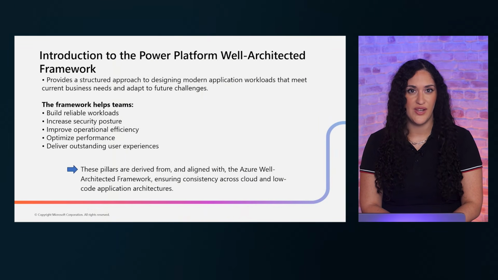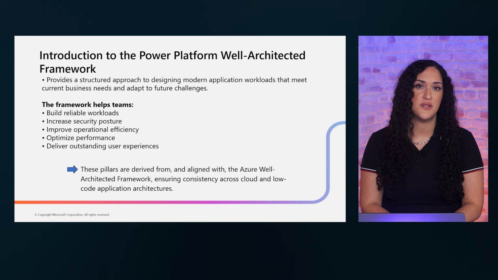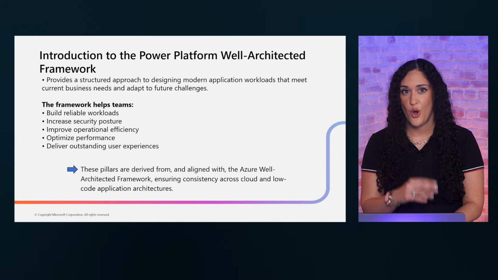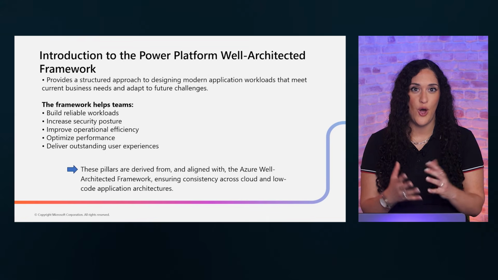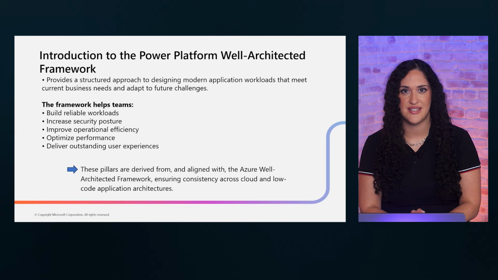The Power Platform well-architected framework provides a structured approach for designing workloads that meet current needs while adapting to future challenges. It focuses on 5 pillars: building reliable workloads, increasing security, improving operational efficiency, and finally optimizing performance and delivering outstanding user experiences.